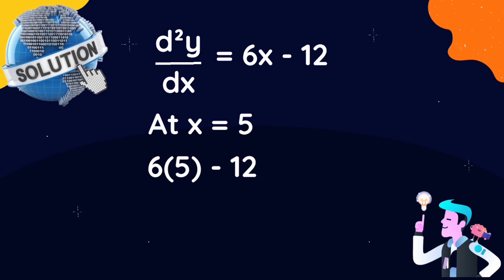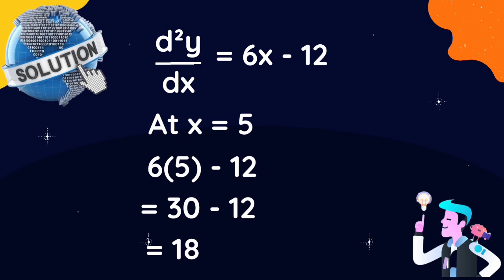And of course, you know that when you subtract 12 from 30, you are going to have 18 as the value of the second derivative, which is a positive answer.